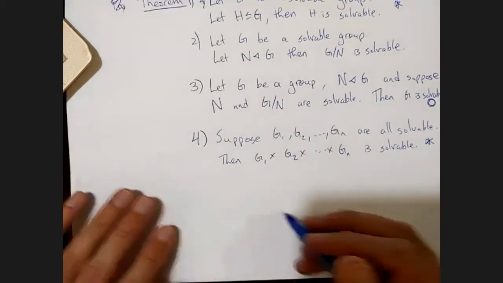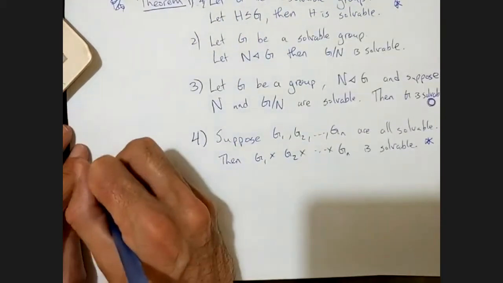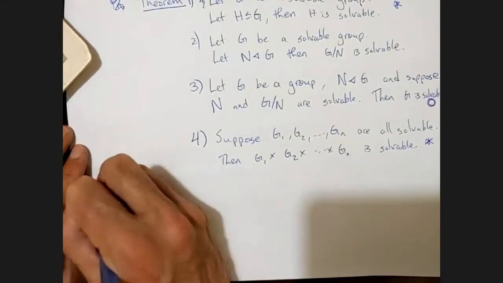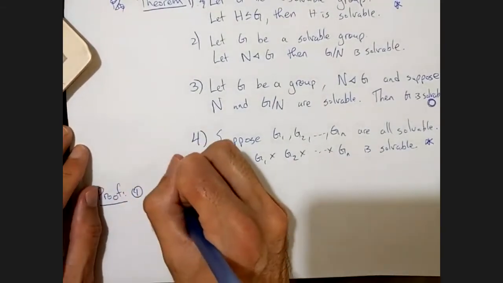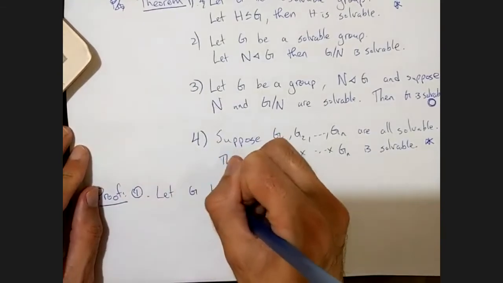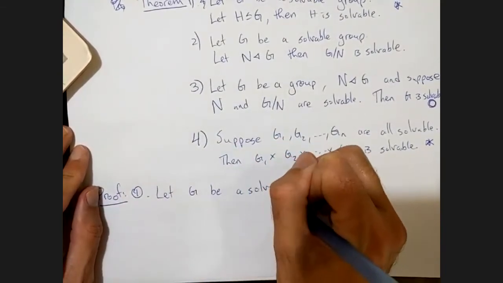Okay, so let's prove 1 and 4 in all the details. Start with 1. Let G be a solvable group.